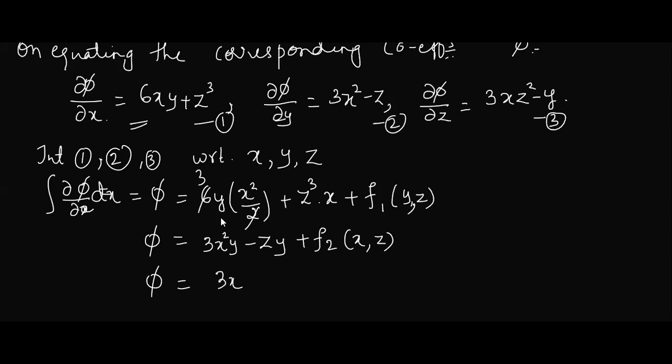Integration of z square with respect to z is z cube by 3. Minus y constant, you will get minus yz, plus f3, a function of x and y. Here I'll cancel a 3.